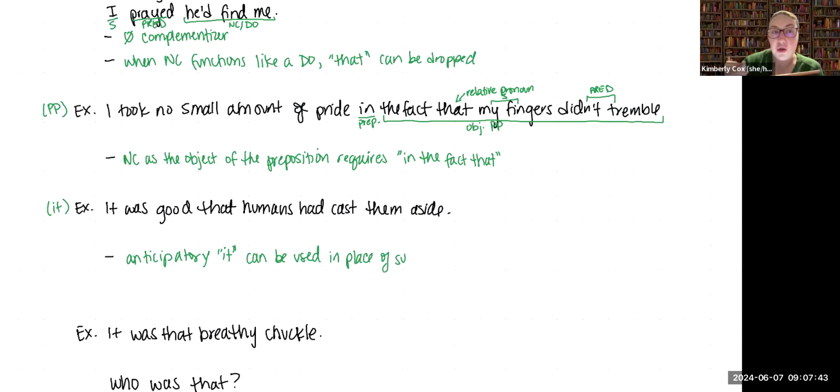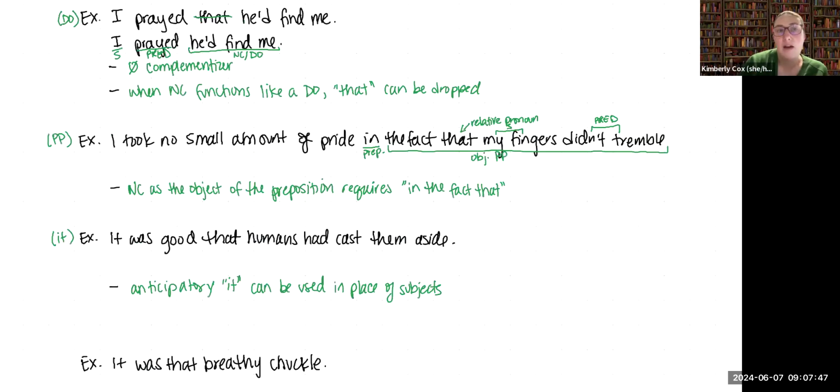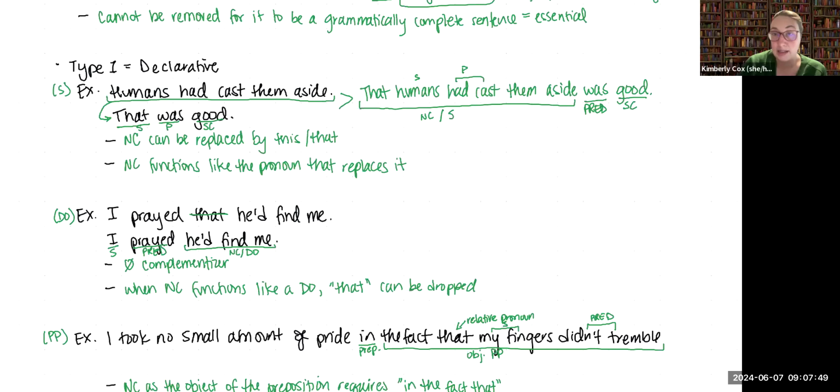So I'm going to scroll up for just a minute and remind you of our first use of that as a subject: "That humans had cast them aside was good." A little bit of a clunky sentence, still grammatically totally fine, but it's a little cumbersome to say.